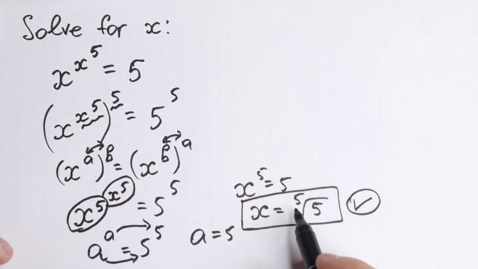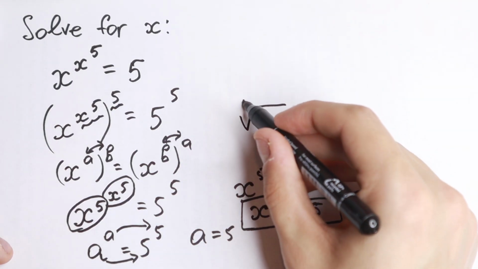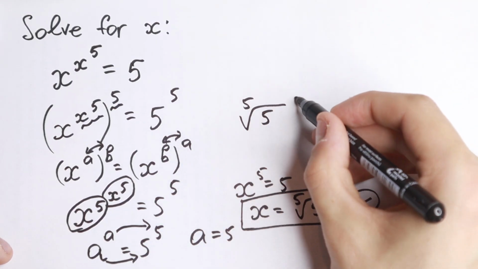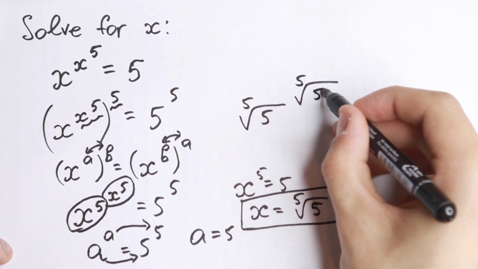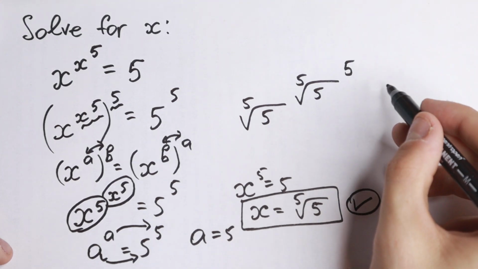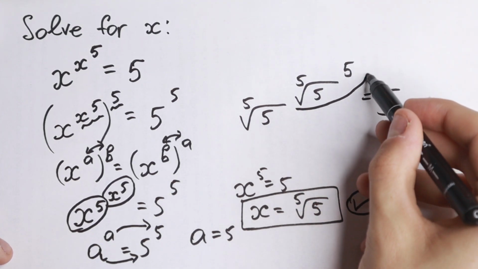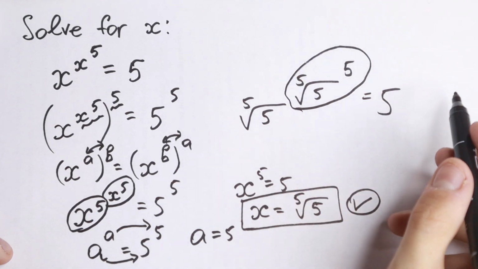Let's check this root. 5th root of 5, let's check it. We will have the 5th root of 5 raised to the power 5th root of 5, and of course raised to the 5th power. So we just check our rule, equal to 5. For example, we raise the 5th root to the 5th power.